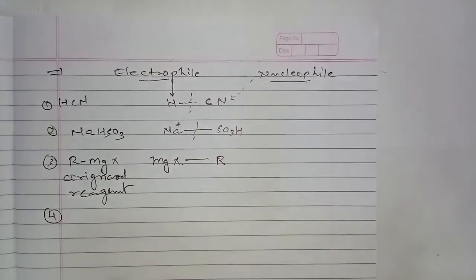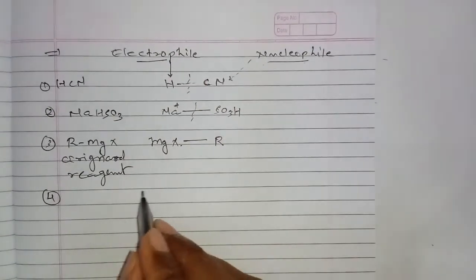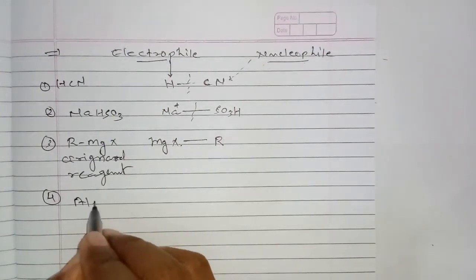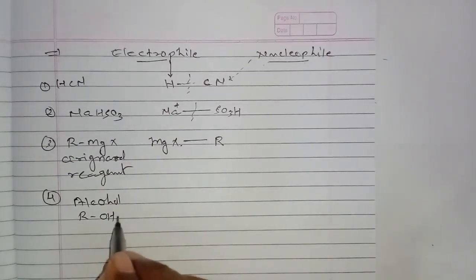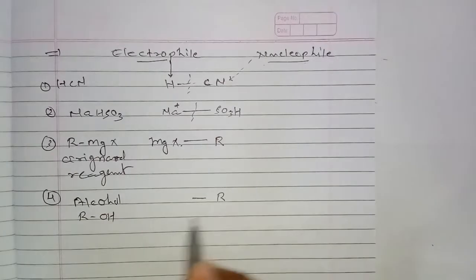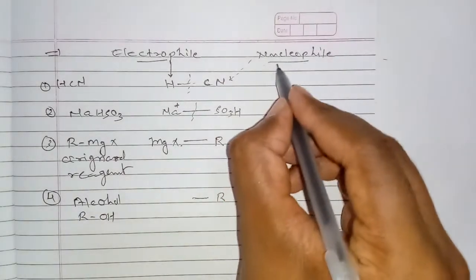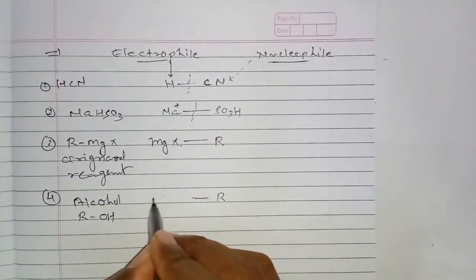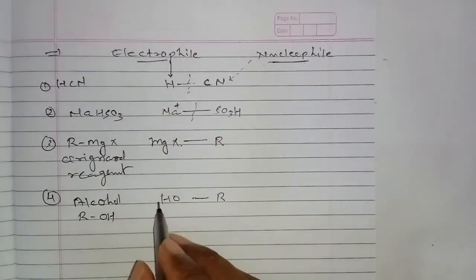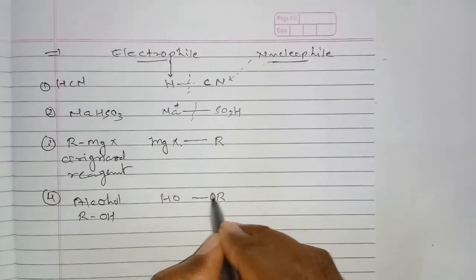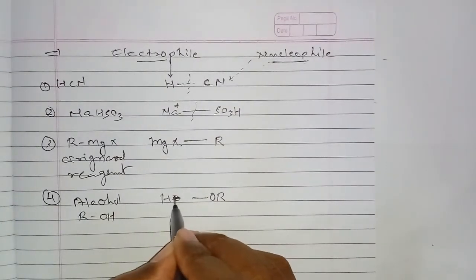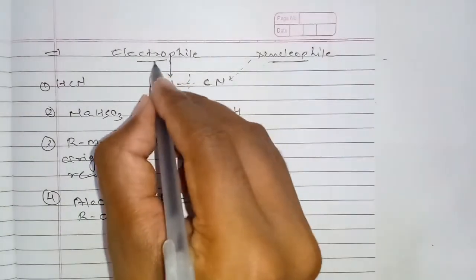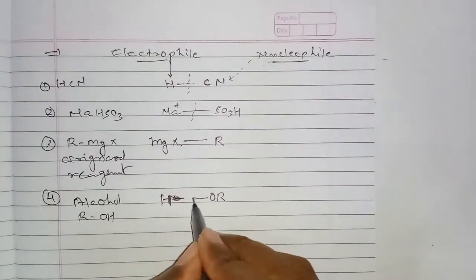And number 4 is alcohol, ROH, where the alkoxy group is the nucleophile and the hydrogen will be the electrophile.